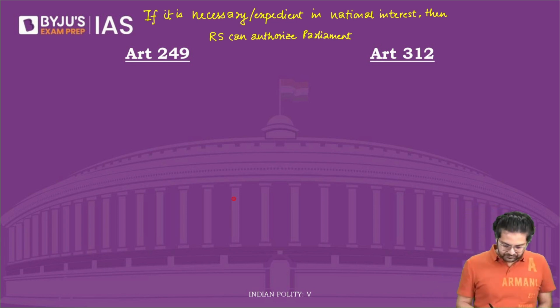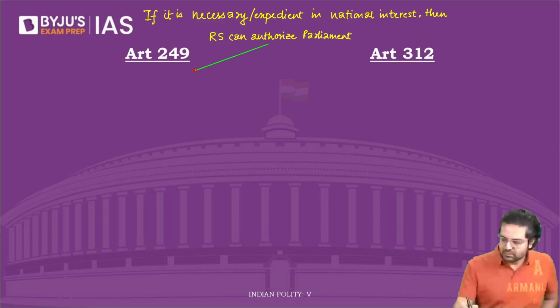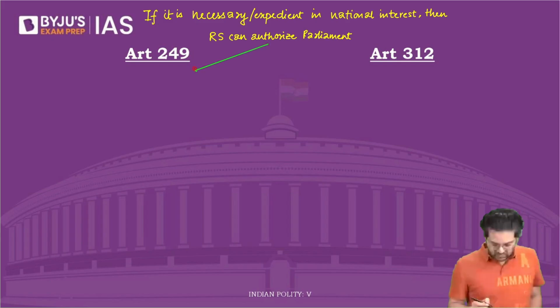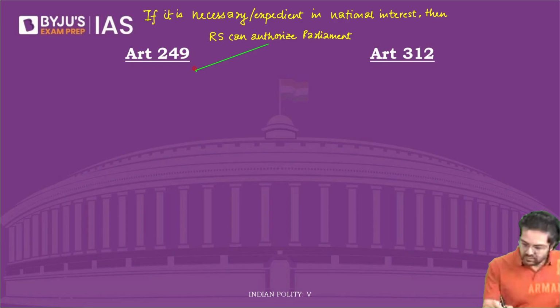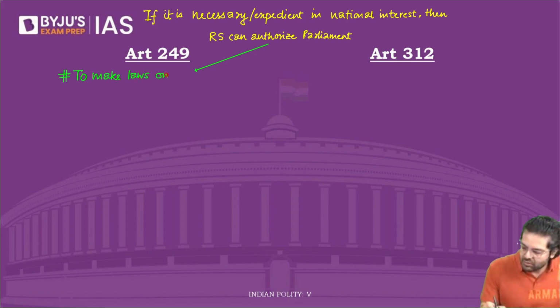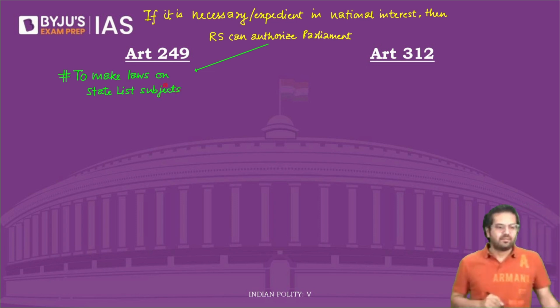So, Rajya Sabha can authorize the parliament to do what? Number one, it can authorize the parliament to make laws on state list subjects.